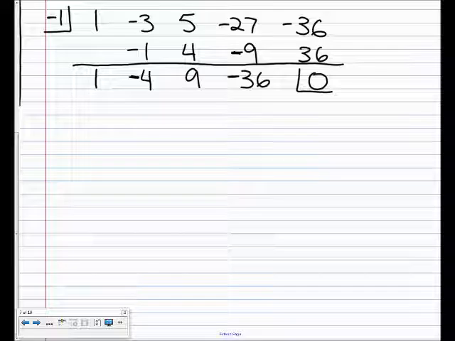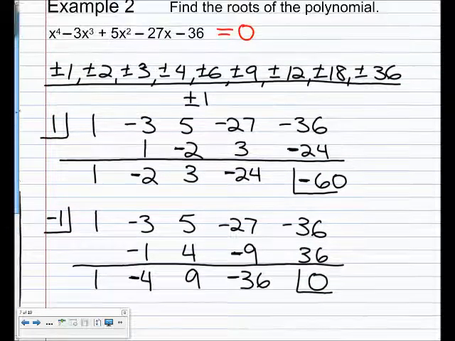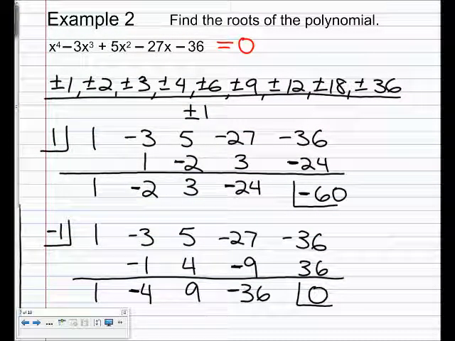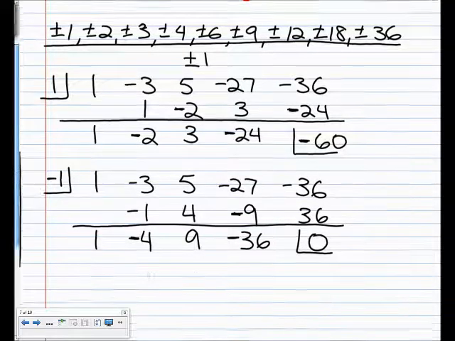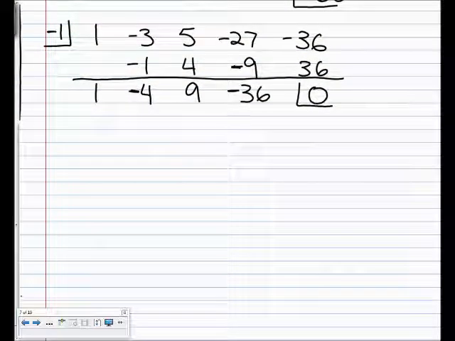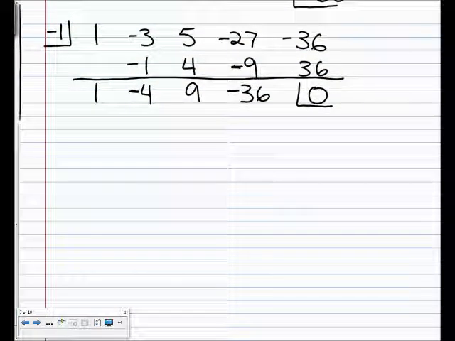All right? Now, once I find a 0, I no longer work with the original polynomial. I just found a number that works. So I know we use this process as synthetic substitution, but this is the same work for synthetic division.